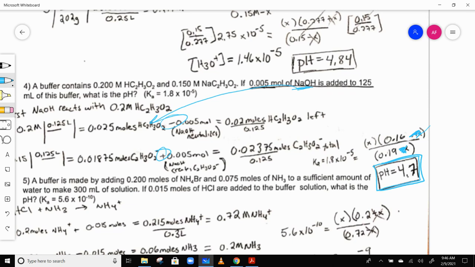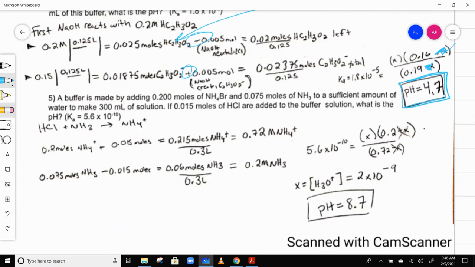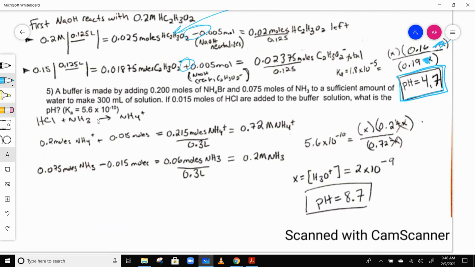Okay, we can also have the opposite happen, and that's what number 5 is showing. So if we have a buffer with the weak acid, NH4 plus, and then we have a conjugate base of NH3, so that's the conjugate base, and this is the weak acid.